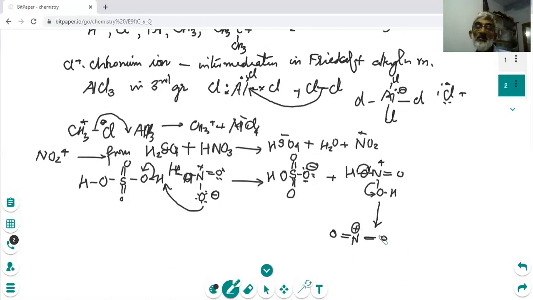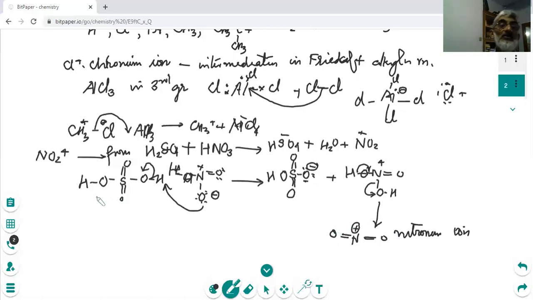And you have two oxygens. This is called a nitronium ion. That is also a stable intermediate in the reaction.